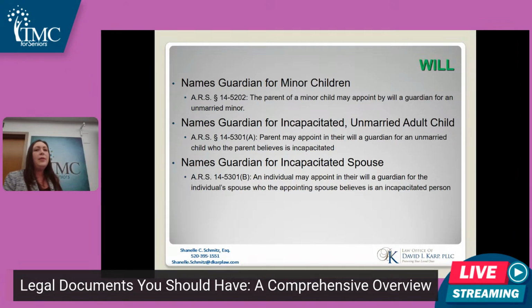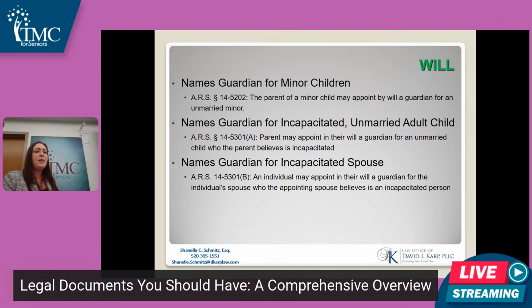Within a will, if you have any minor children, you can name a guardian. You can also name a guardian for an incapacitated unmarried adult child. So if you have a special needs child who's an adult, within your own personal will, you can specify who you want to be guardian if something were to happen to you.